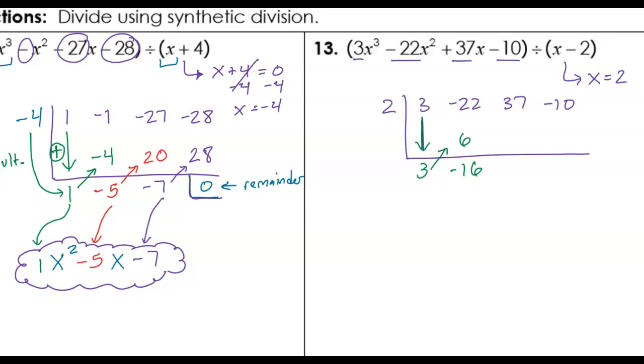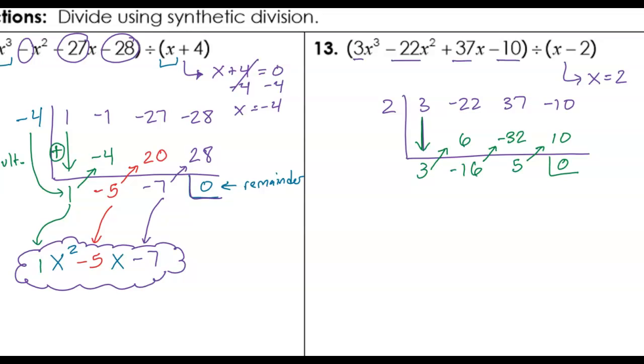And then you do 2 times negative 16, and you get negative 32. And then you add 37 plus negative 32, and you get 5. And you multiply 2 times 5, and you get 10. And then you add negative 10 plus 10, and you get 0, which is your remainder again.